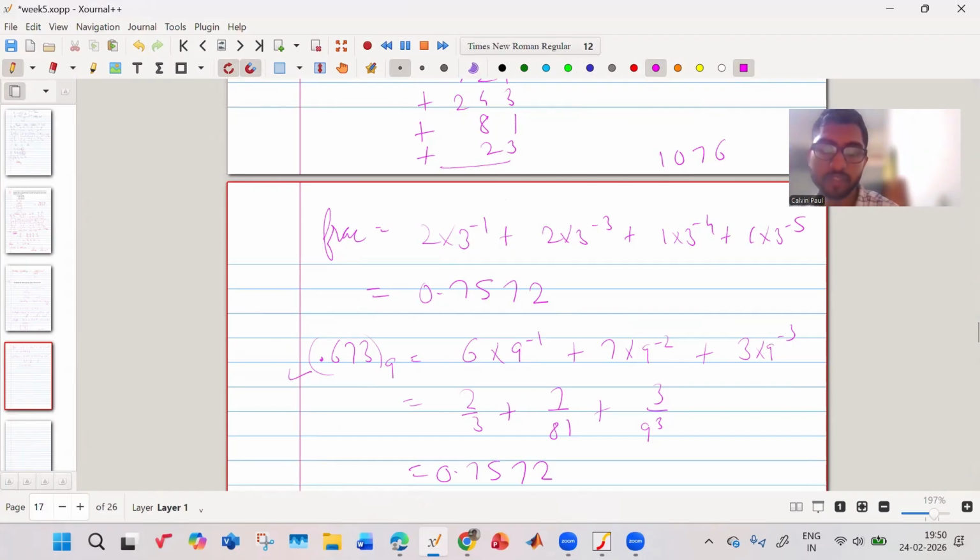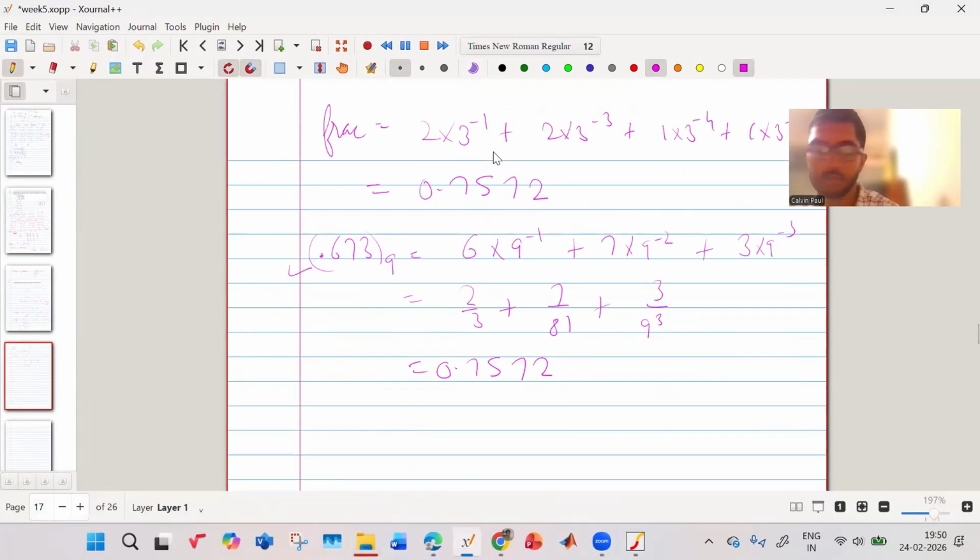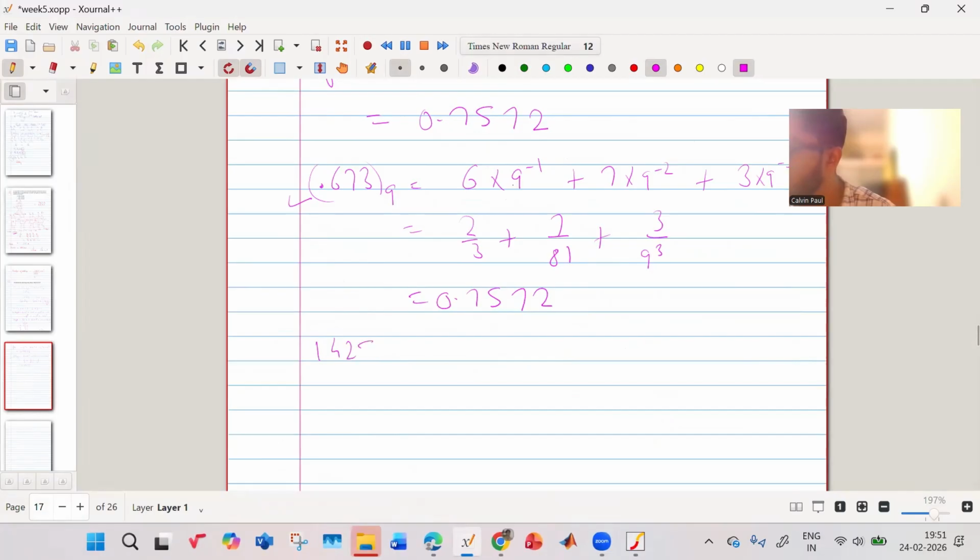Now we have two options which we need to check, 1425 or 1225. Let us start with 1425. This is 1 into 9 to the power 3, plus 4 into 9 to the power 2, plus 2 into 9, plus 5 into 9 to the power 0, right?